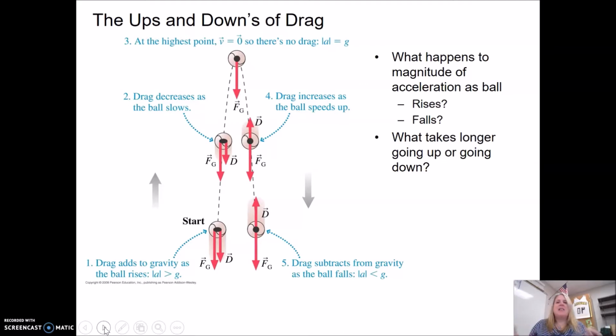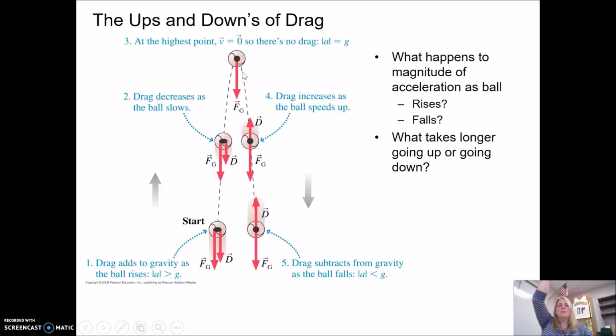So let's look at the direction of the drag force. As I said, it opposes velocity. So if I take a ball and I throw it up and it comes down, in the beginning, the drag force is actually in the same direction as the force of gravity. But as the object slows down, the drag force gets less because the drag force, we'll see, is proportional to the velocity.